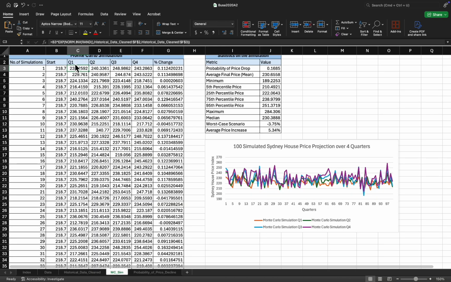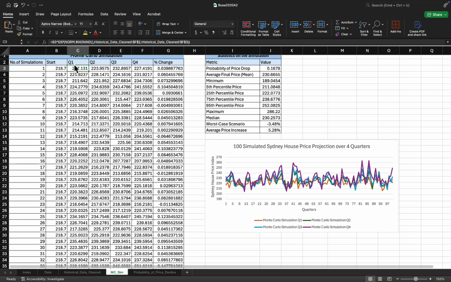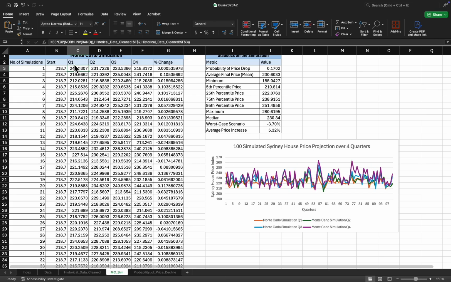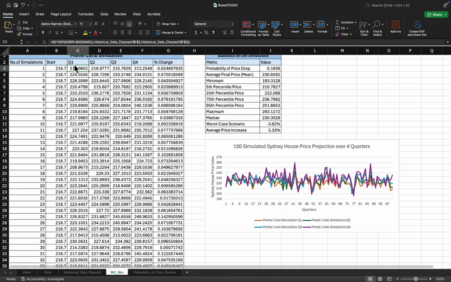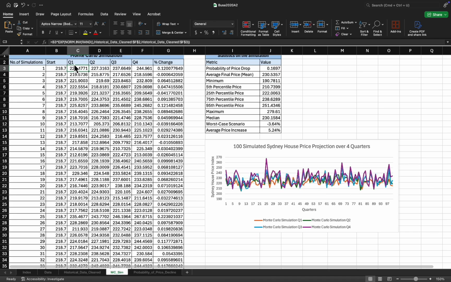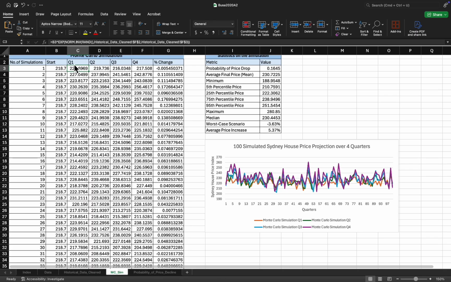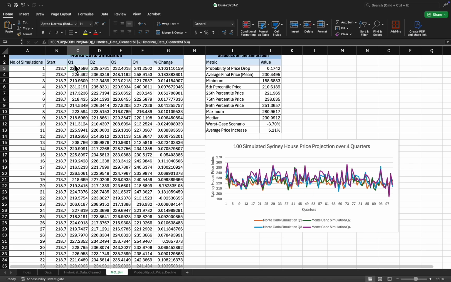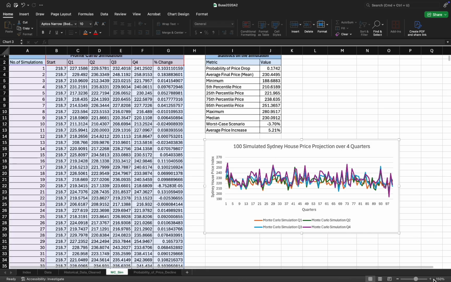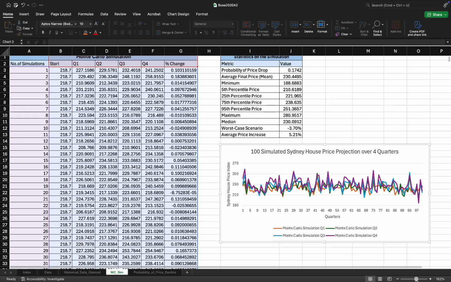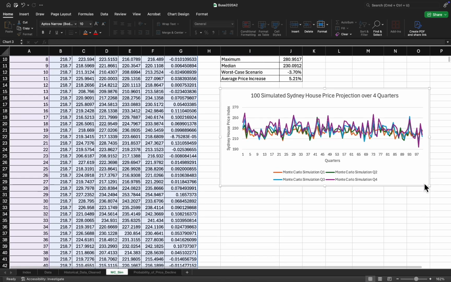Watch what happens each time I refresh the sheet. This graph here shows 100 simulated Sydney house prices over 4 quarters of time. See how all the lines changed?